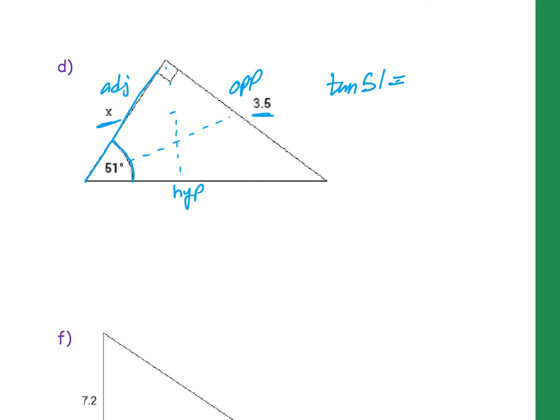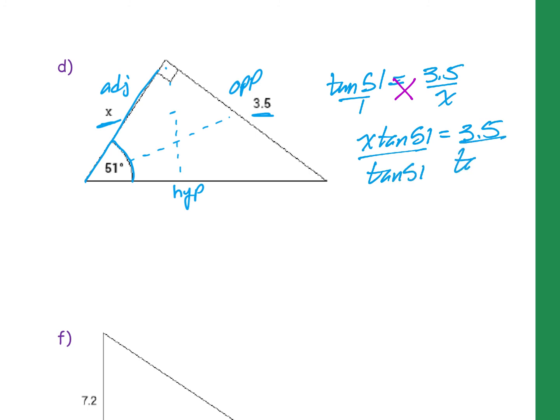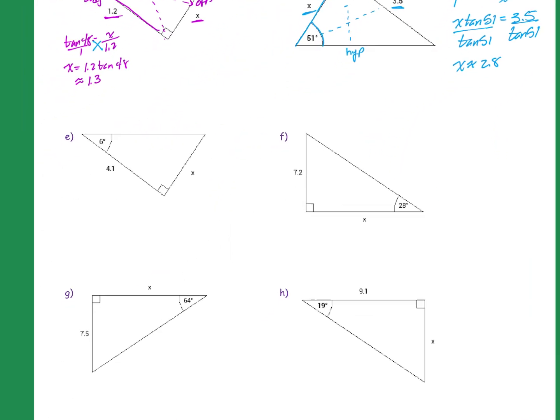Tangent of 51 equals 3.5 over x. So I'm going to cross multiply and I get x tangent of 51 equals 3.5. Divide by tangent of 51. And x is approximately equal to 2.8. Very good.